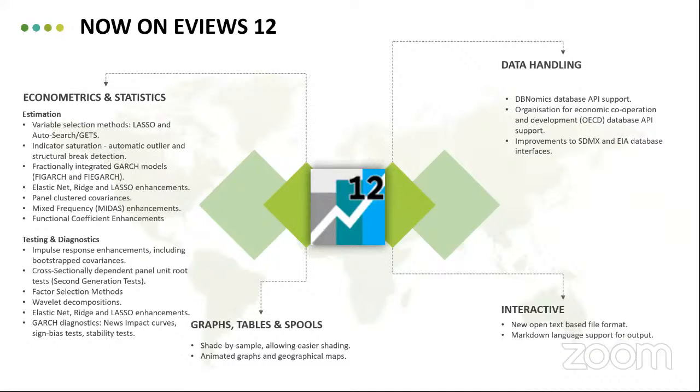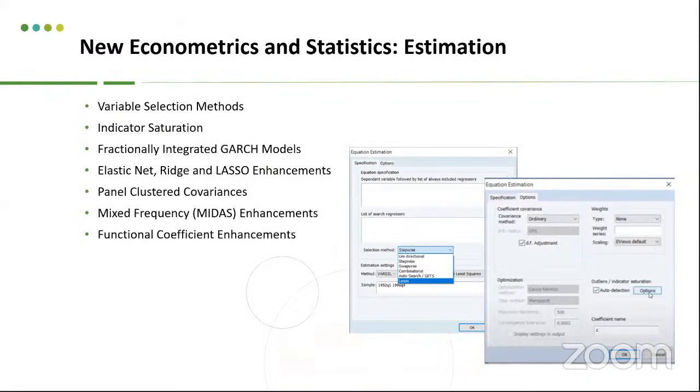Then in the third section, I will go for the econometric and statistic, which is the estimation model. If you can see over here, there are a few types of new estimation models that have been introduced. But right now for the overview, I will highlight the Warsaw model using the lasso method, and how you can use the saturation tool for testing for existent outliers.